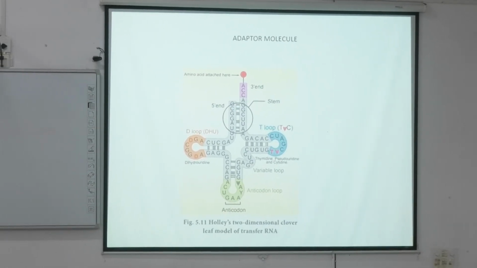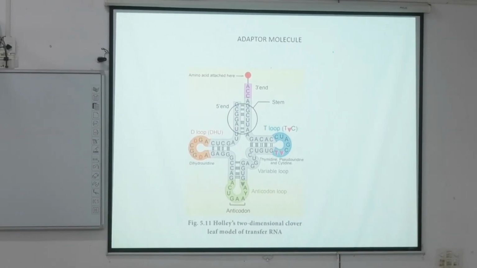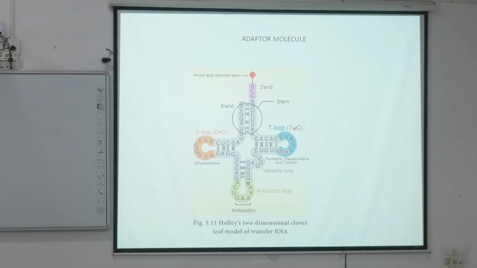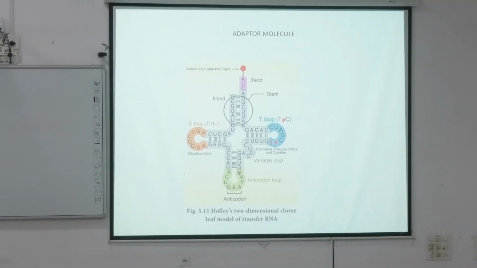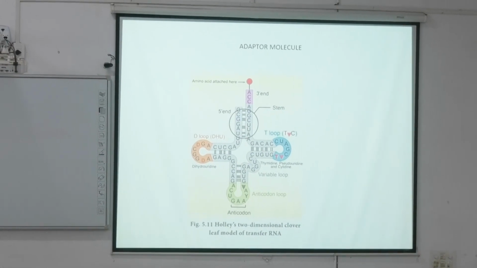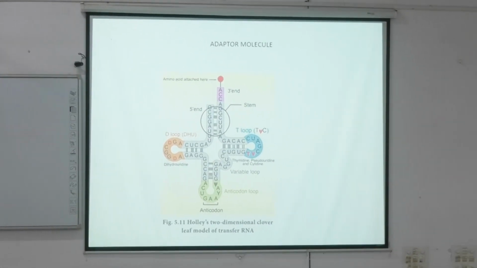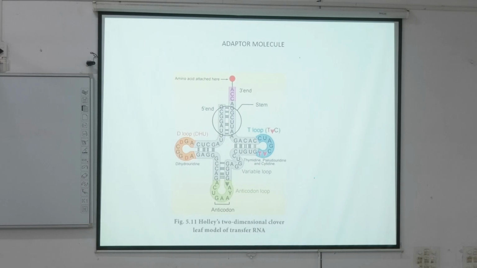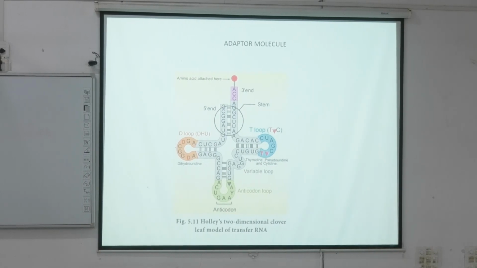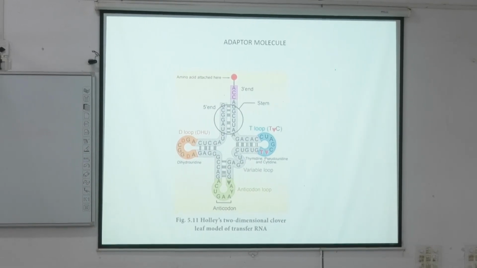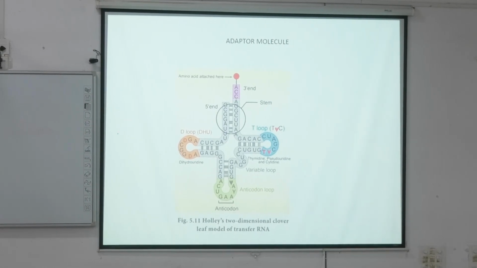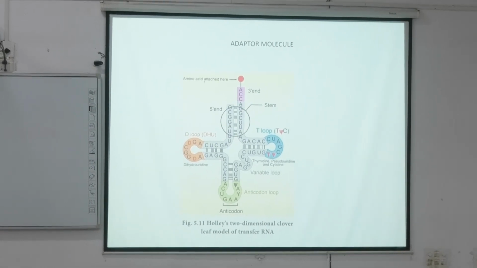It looks like a clover leaf. What about the tertiary structure? It is L-shaped. Right? So, actually it functions in L shape, but for better understanding of the structure, we draw it in secondary form. It does not exist in this form in nature.